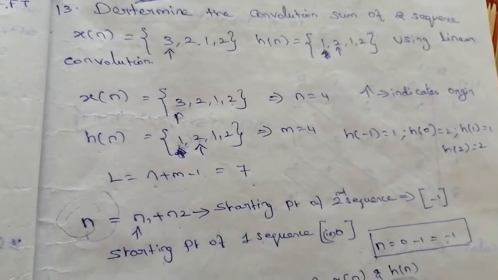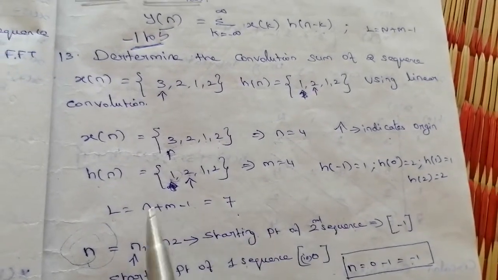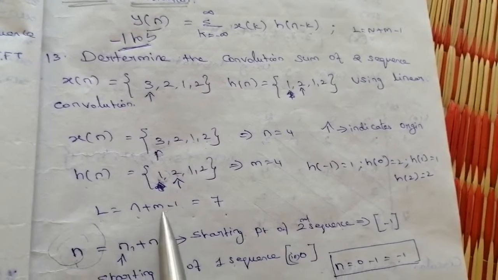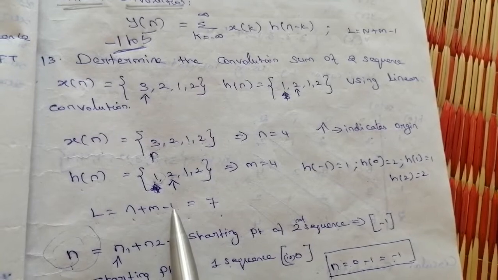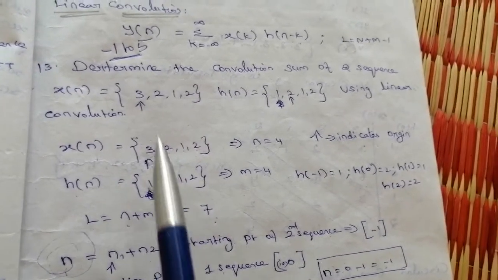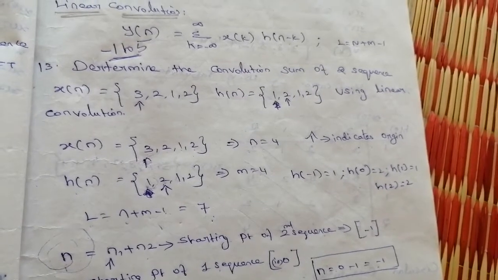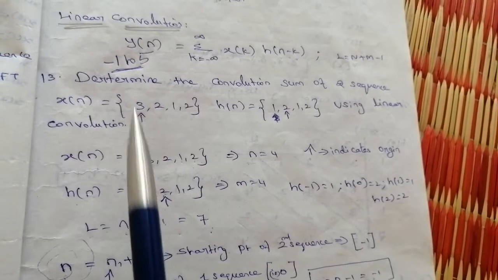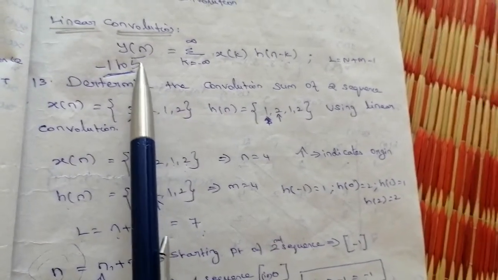I hope you are all clear up to this point, right? For the linear convolution problem, first find the total length of the sequence. It is calculated by adding both sequence lengths and subtracting 1, which gives the total length of the output sequence y of n. Next, find the starting point. Here the total length is 7, so we have to find 7 values of n.